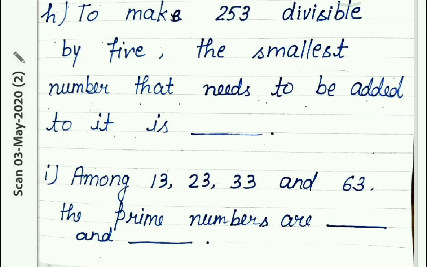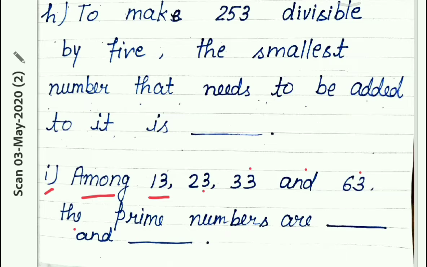Okay, next question, I part is given here. As you can see, among 13, 23, 33 and 63 the prime numbers are... Asking for prime numbers here, firstly we will learn about prime numbers. What are prime numbers? Prime numbers are those which are divisible by 1 and itself only.